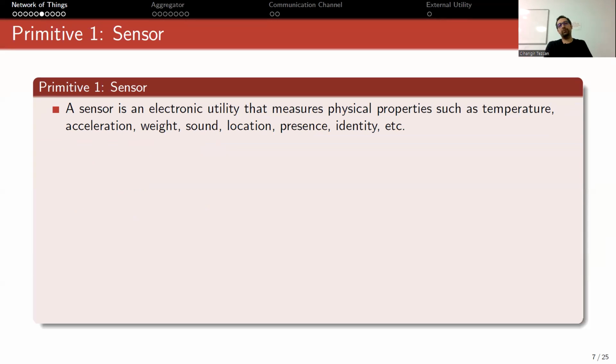So our aim is to look at all of these primitives, try to define them and see what kind of properties they have and how we should look at the problems. So we start with the first primitive, sensor. A sensor is an electronic utility that measures physical properties such as temperature, acceleration, weight, sound, location, presence, identity, etc.